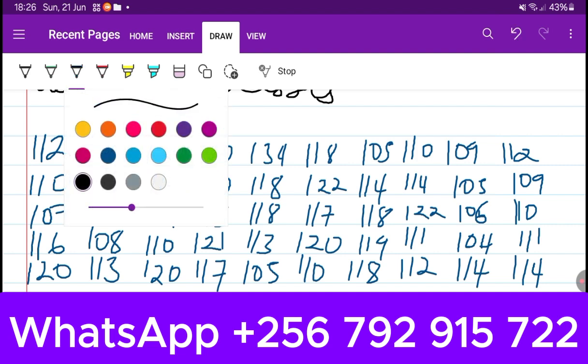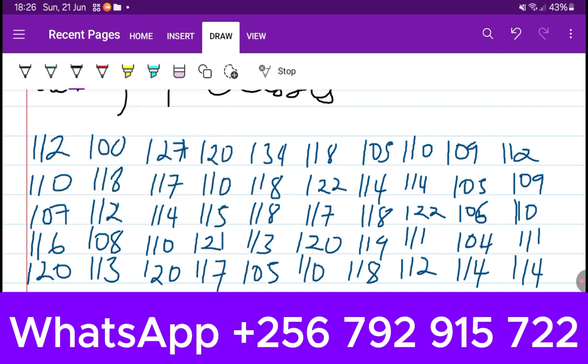Let me use black. So 100 to 105, you moving downwards. In this first column, we don't have. To 104, this is 100. Remember, we are stopping at 104.